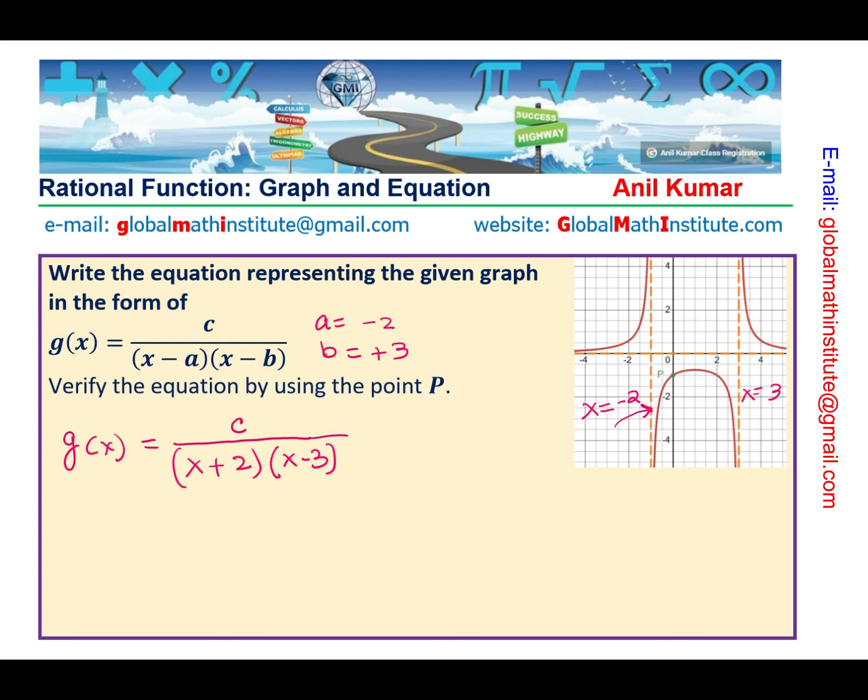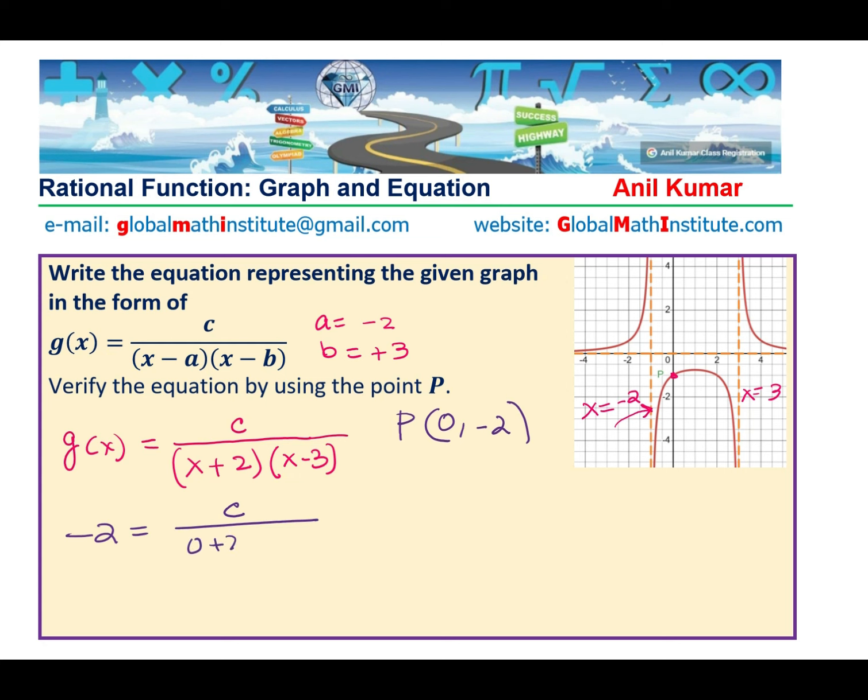Now to find the value of c, identify the point P, which in this case is 0, minus 2. So 0 is the x value, minus 2 is g of x. So we get minus 2 equals c over 0 plus 2, which means 2, right? 0 minus 3 means minus 3. So c over minus 6.